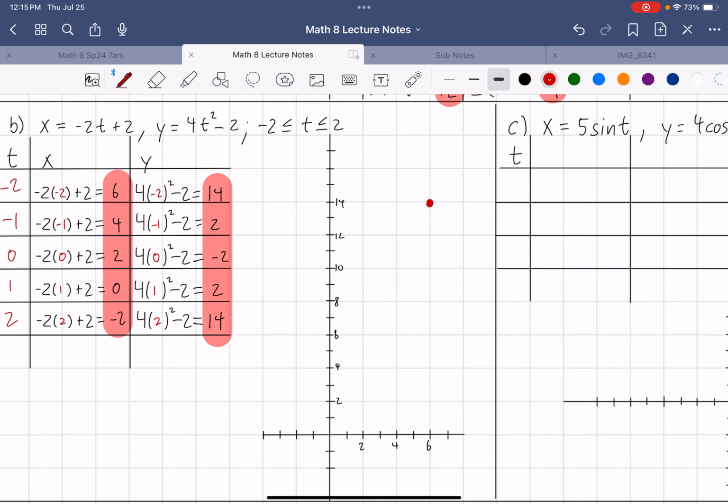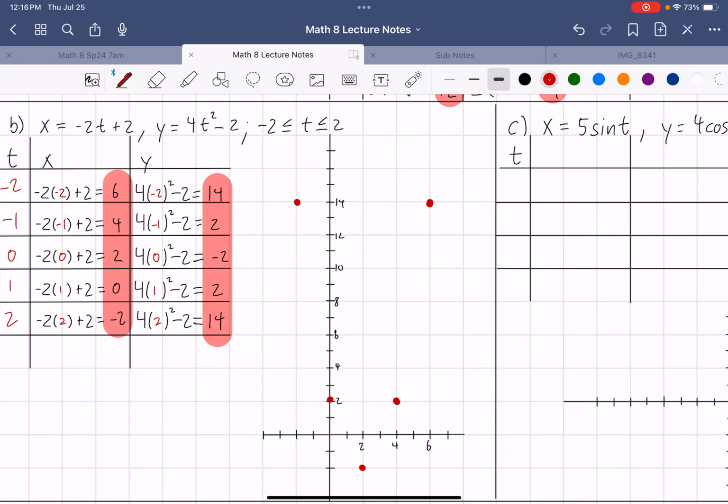And then we have one at 4 and 2. Oops, I missed. So we have 4 and 2, and then we have 2 and -2. Sorry, I missed one point: 0 and 2. And then we have another point at -2 and 14.